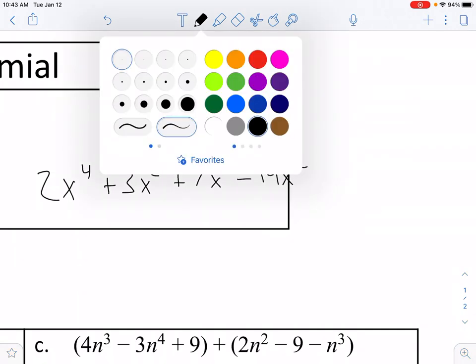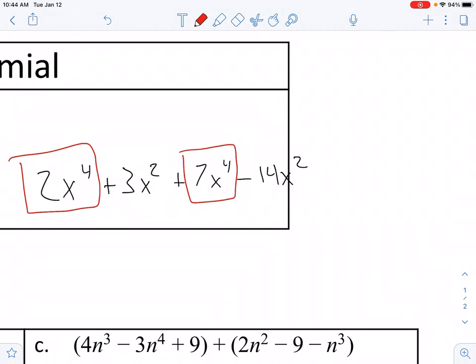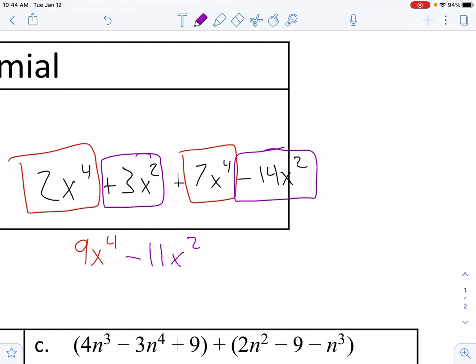My like terms are the ones that have the same variable and the same exponent value. So x to the fourth, I have 2x to the fourth and 7x to the fourth, so those combine to make 9x to the fourth. I also have 3x squared and negative 14x squared, and those combine to make negative 11x squared.